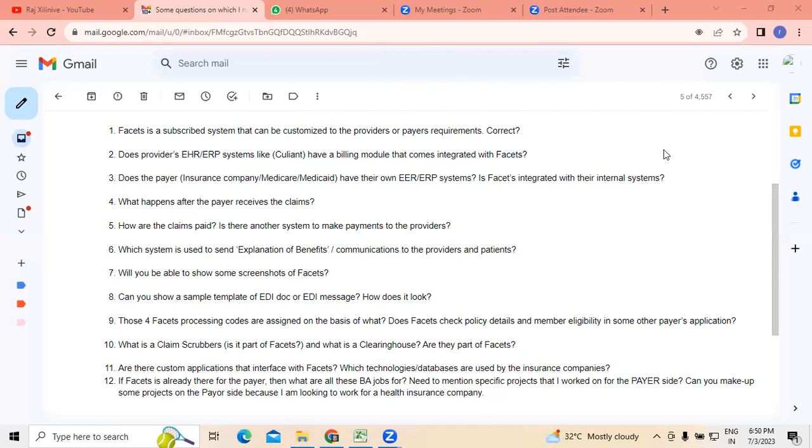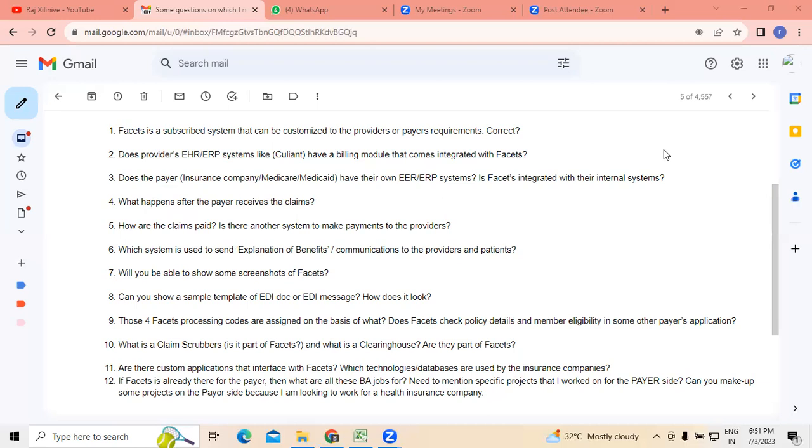Now the first point: Facets is a subscribed system that can be customized to the providers or payers required, correct or not? Yes. Facets is a kind of application which will be standard because Facets is powered by Trizetto. Trizetto is the parent company. We call it Trizetto Facets.